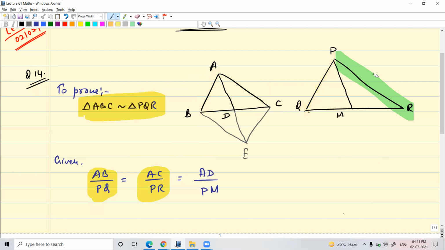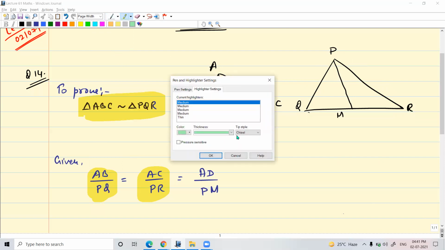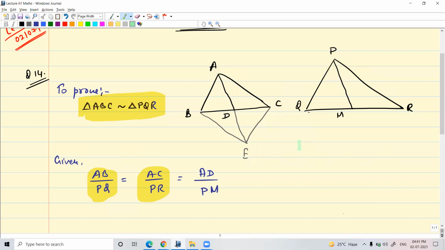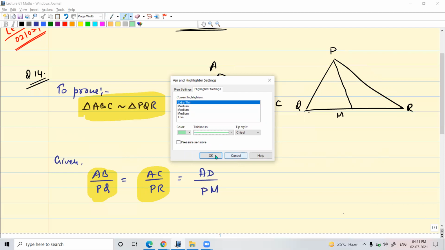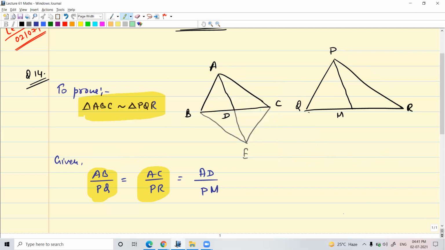For now, we will focus on the other triangle. So the same thing that we did there, we will do the same thing in this other triangle also.